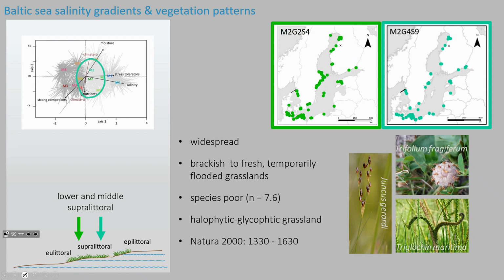Because on the one hand, they still have halophytes included that are typical for those sites, but that are not anymore adapted to those very saline situations. And we also have lots of glycophytic species already coming in.